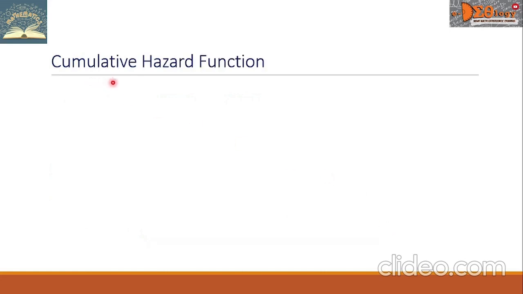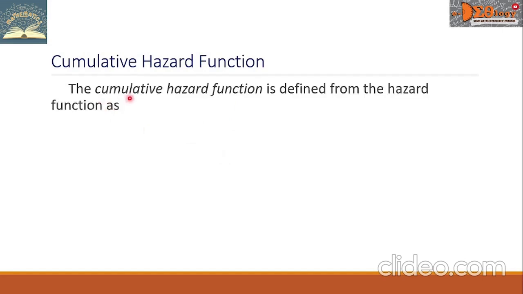Let us have this cumulative hazard function. The cumulative hazard function is defined from the hazard function as capital H of t is equal to the definite integral from 0 to t of the function h of t, this is small h of t, dt.